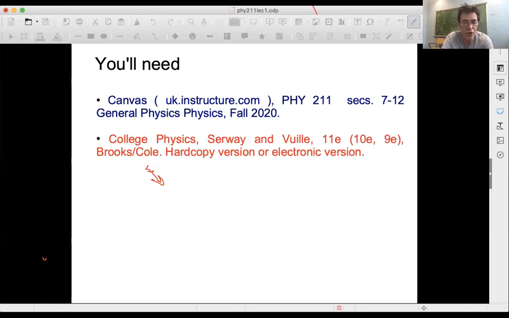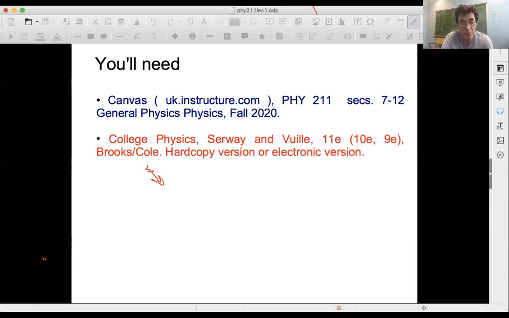You'll need a copy of the textbook. So the textbook is College Physics by Vool and Surway, and the 11th edition is probably the most up-to-date edition. The 10th and the 9th editions also have the same content in them, although the section numbers are slightly different, and the problems that we do for the homework have different numbers.